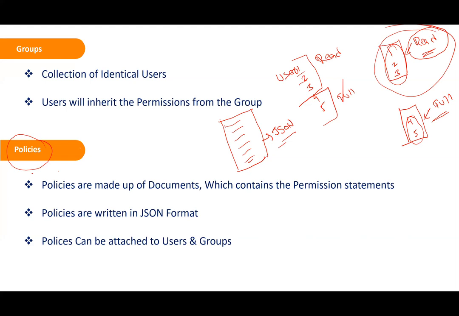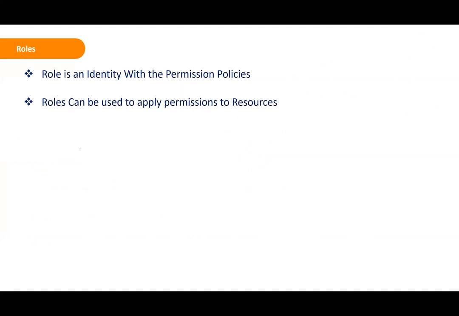And then we have a final component called roles. Roles are also used to provide the permissions to the services, not the users. Let us say here I have a server. This is my server. And here I have one storage. And here there is one user.